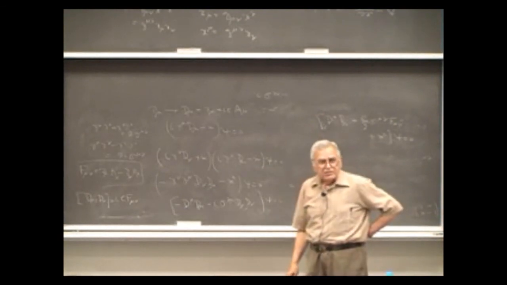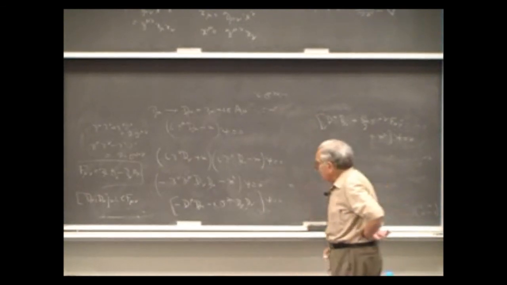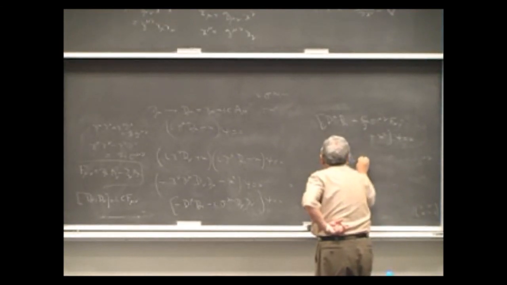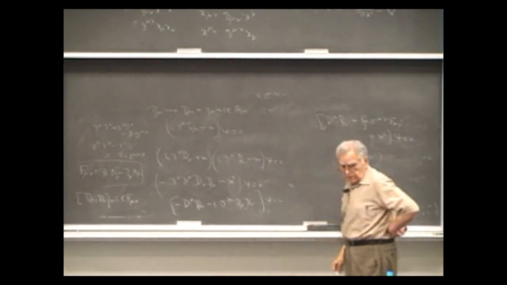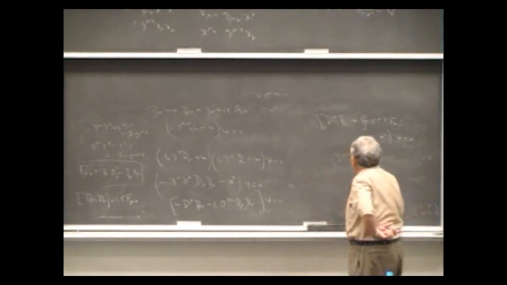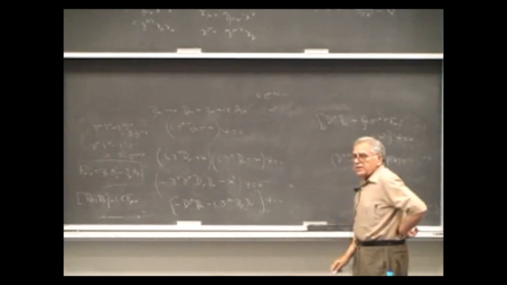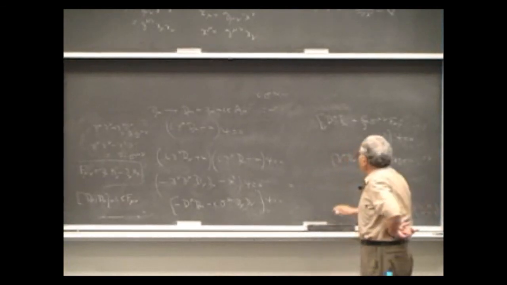If you compare it with the Klein-Gordon equation, the Klein-Gordon equation has just D mu D mu, so this will be the Klein-Gordon equation, and this is the Dirac equation.